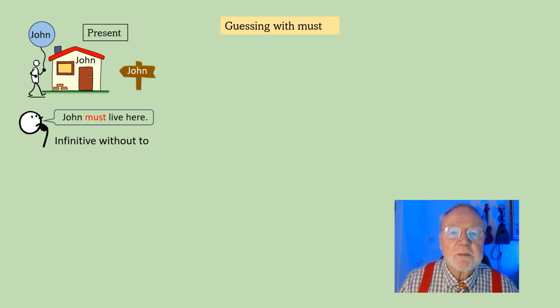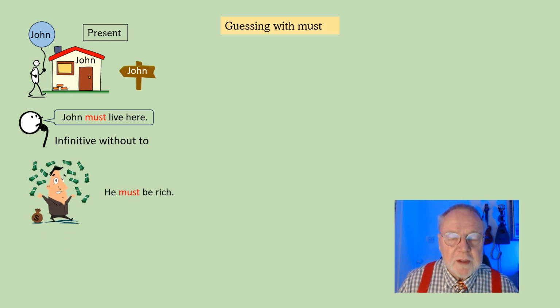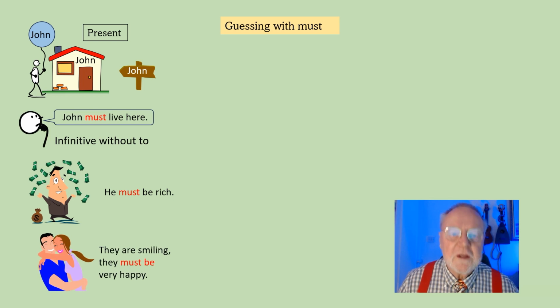Here are some more examples. Woo! He must be rich. He's throwing money around, so I think it's fair to guess or deduce he must be a rich man. They are smiling. They must be very happy. Oh dear, what is that noise?